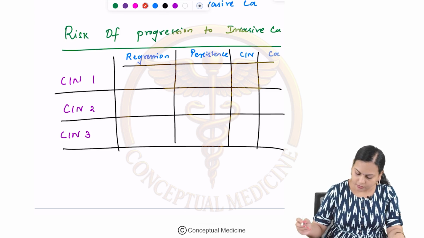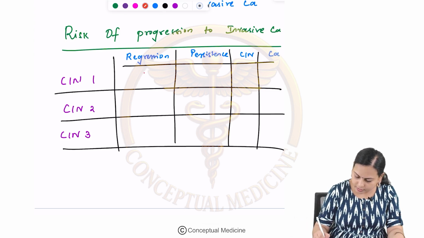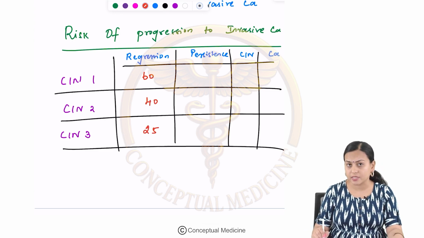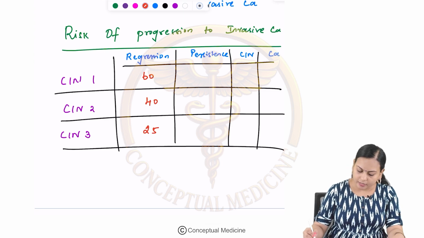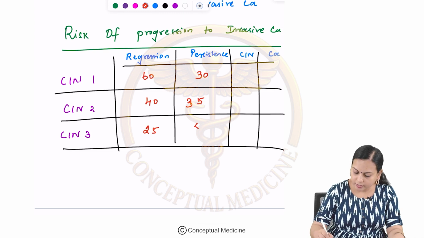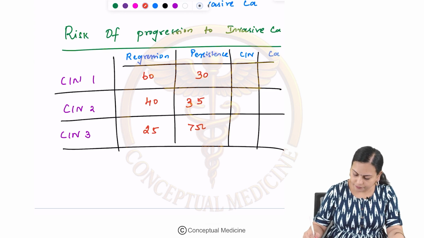Okay. So, in CIN1, there is 60% chance of regression. In CIN2, it is only 40%, whereas in CIN3, it is only 25%. Okay. And CIN1 will persist in 30% of the cases and CIN2 in 35% of the cases, and CIN3 will be persisting in more than 50% of the cases. Okay.